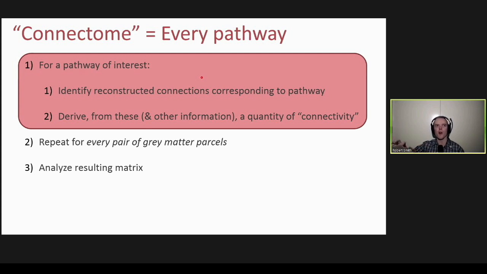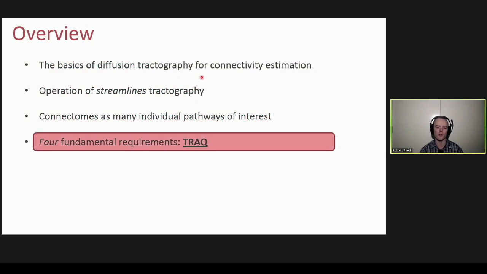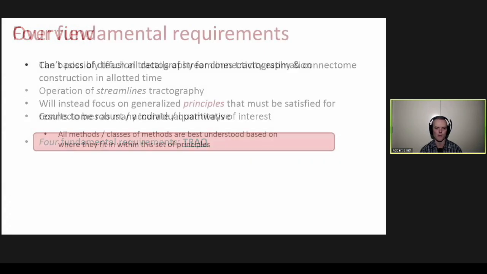I want to quantify some measure of connectivity. If you can get that right, then you can get connectome construction right. And so for the subsequent section, that's what I'm going to focus on: these fundamental requirements that you need to satisfy during this process of quantifying white matter pathways.